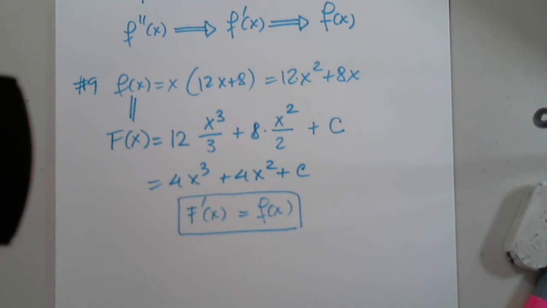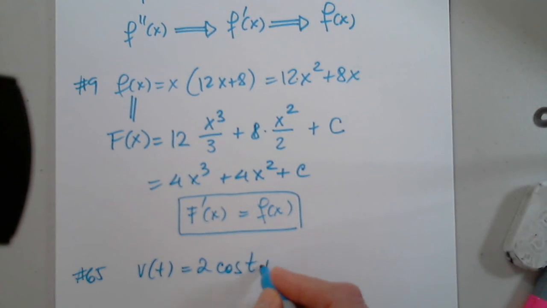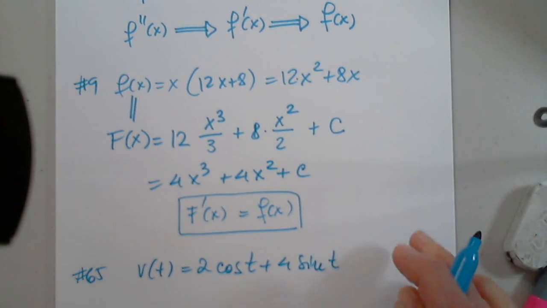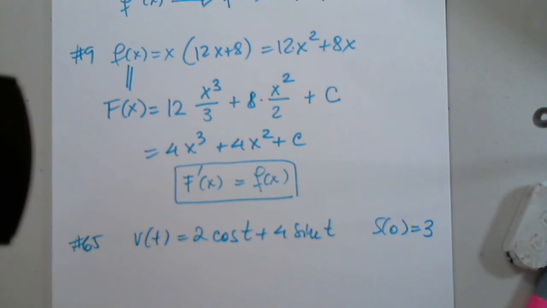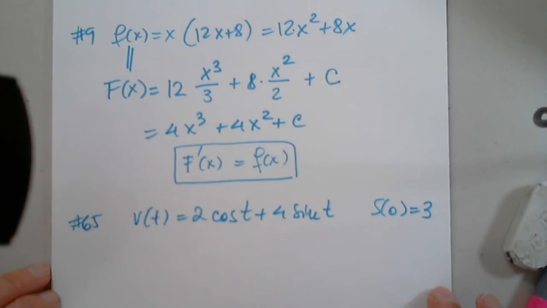So the position of the particle means the distance formula. So we are given, let's say, in 65, v of t equals 2 cosine t plus 4 sine t, and we are told that s of 0 is 3.